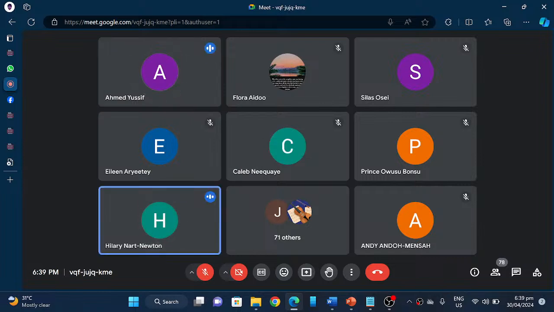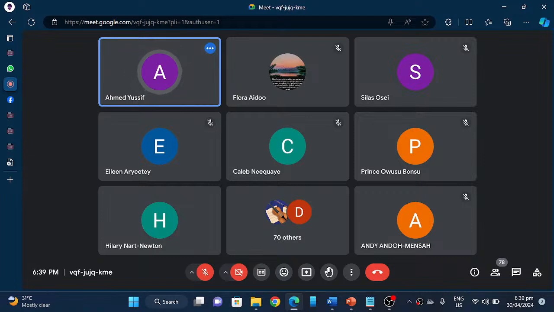So we want to give benzodiazepines or barbiturates.